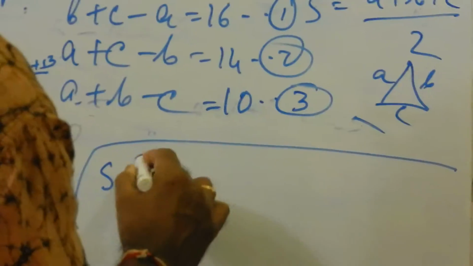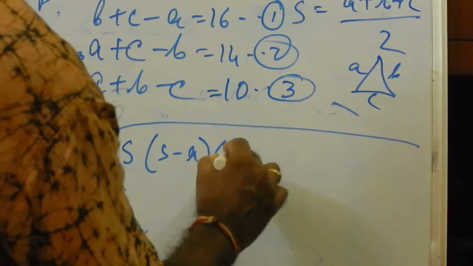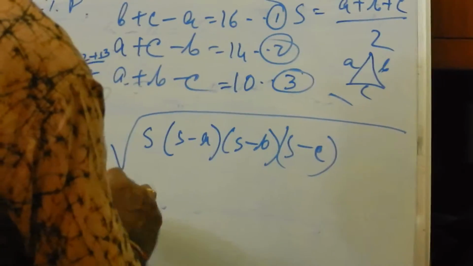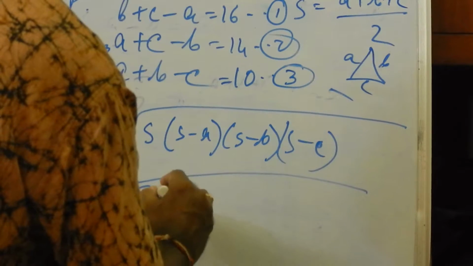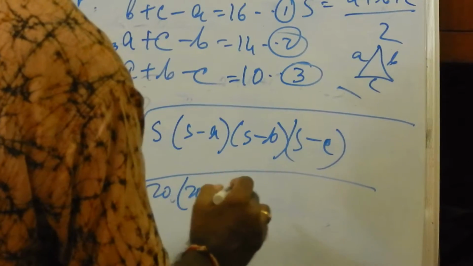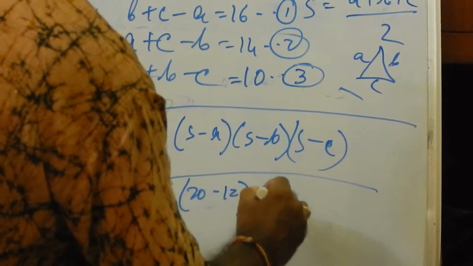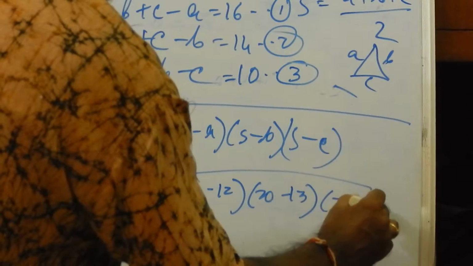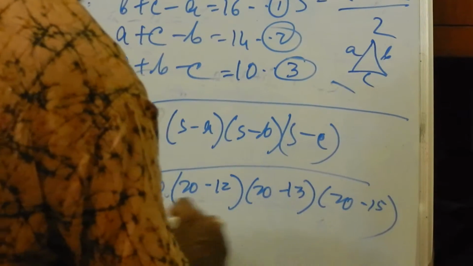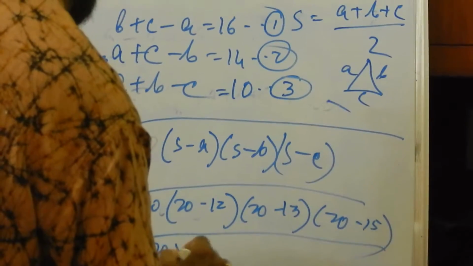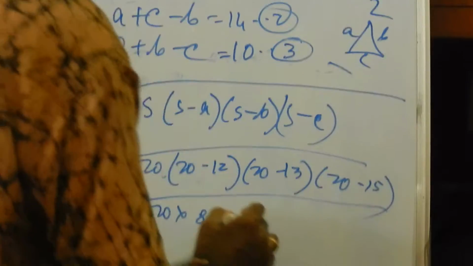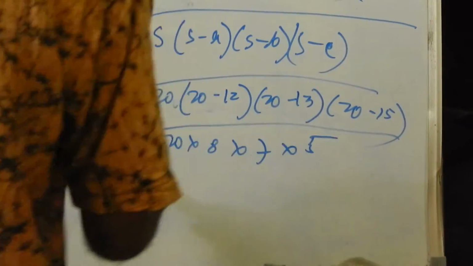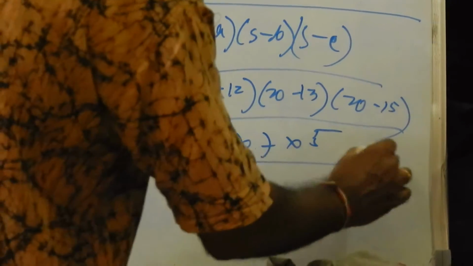The formula was root of S into S minus a, S minus b, S minus c square unit. So I simply put the values: 20 into 20 minus 12, 20 minus 13, 20 minus 15, equals 20 into 8 into 7 into 5, and we just factorize.